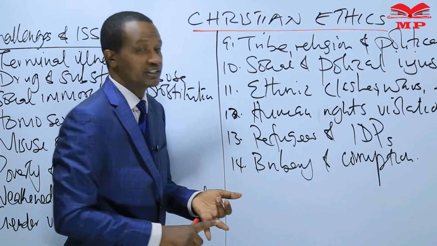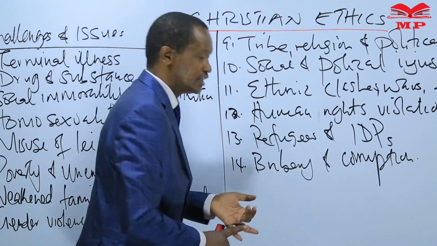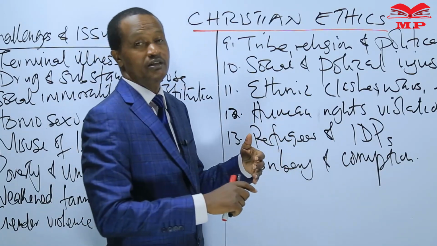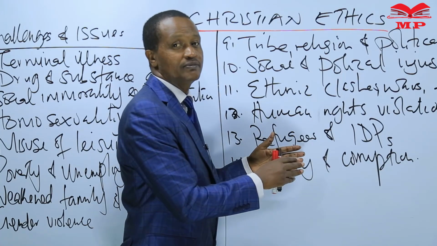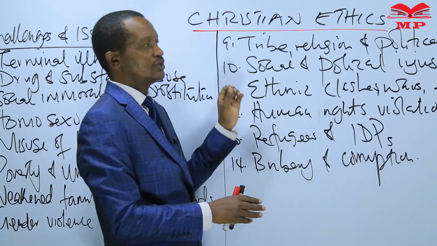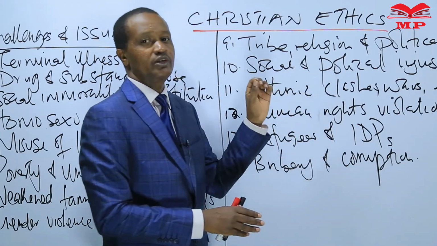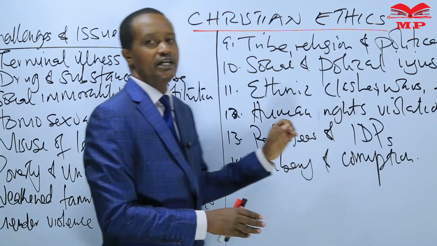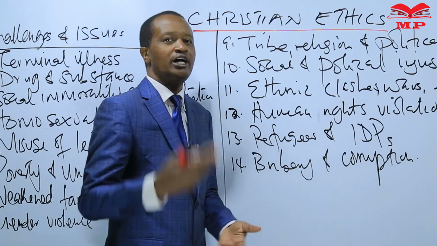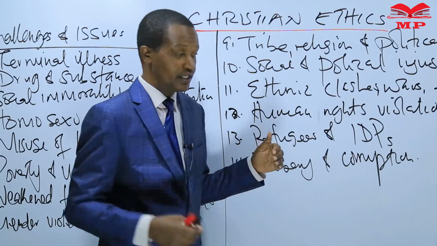These fellow human beings may not necessarily be fellow Christians. Christians are living in a society where people do not adhere to Christian ethics. So a Christian lives in a world where he is expected to live uprightly.